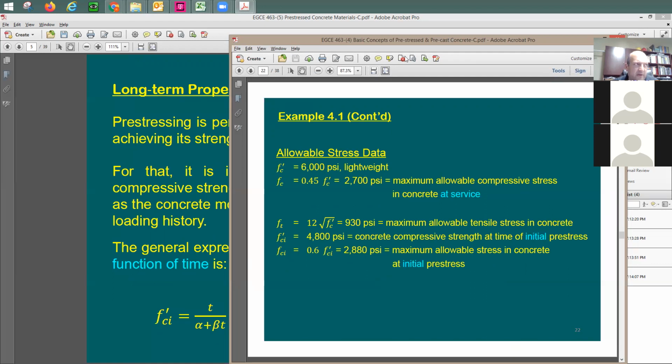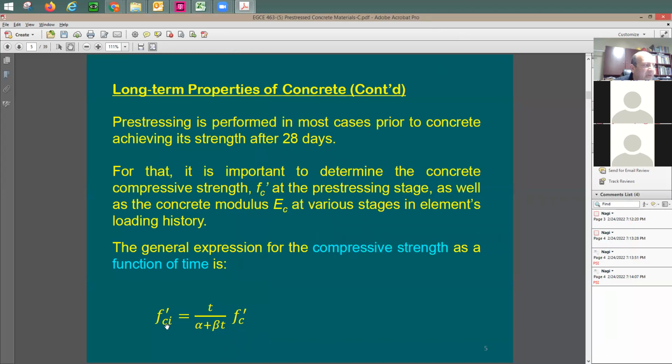I said, well, it seems that F prime CI is going to be critical. This is why we have an equation for it here. It's going to be equal to a fraction, and of course this fraction has to be less than 1. Let me confirm this, because sometimes you can run this and get a number more than 1. So this one is going to be equal to or less than 1.0. Otherwise, you cannot really use this equation, right?